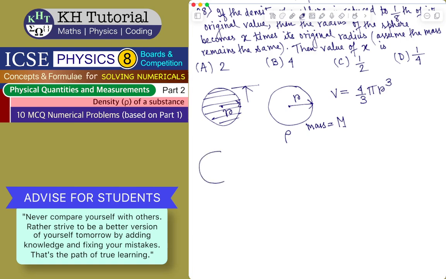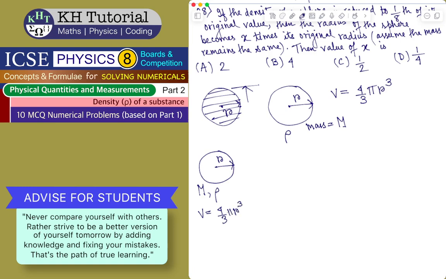So let's say originally the sphere's radius was r, mass is m, mass is constant, and the density was rho. In this scenario, we know the volume will be 4 by 3 pi r cube.